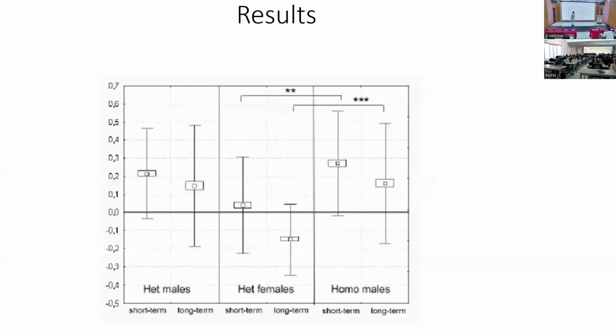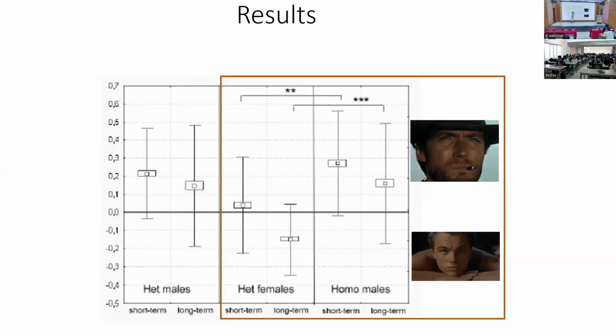So let's concentrate in this case on heterosexual female. Basically, this is the 0, meaning not too much female, not too much male. This one is a super male face. This one is a super female face. Super male feminilized.